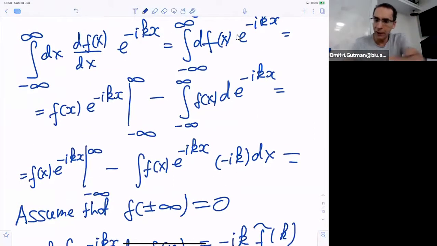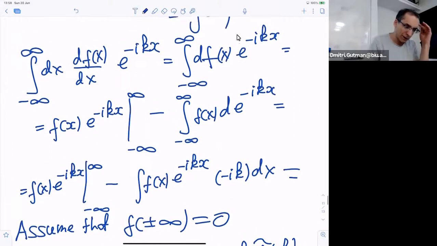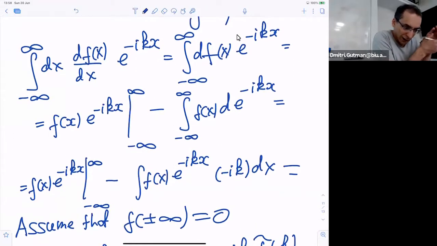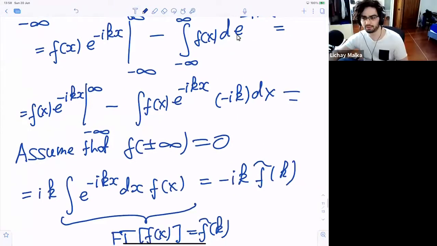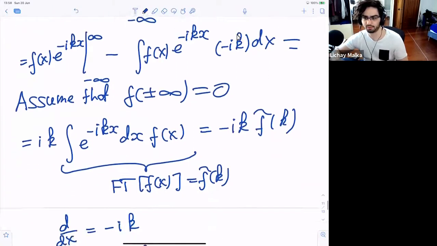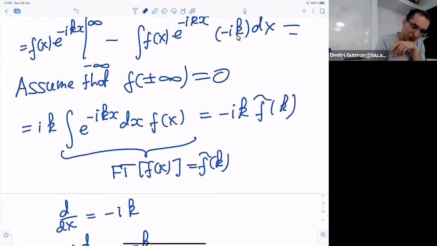So let me look back at the definition. I'm Fourier transforming, and we agree that we Fourier transform with minus ikx. Yes, the Fourier transform is minus ikx. Then there's a minus sign for differentiating the exponent, right? So here it's already a plus sign.